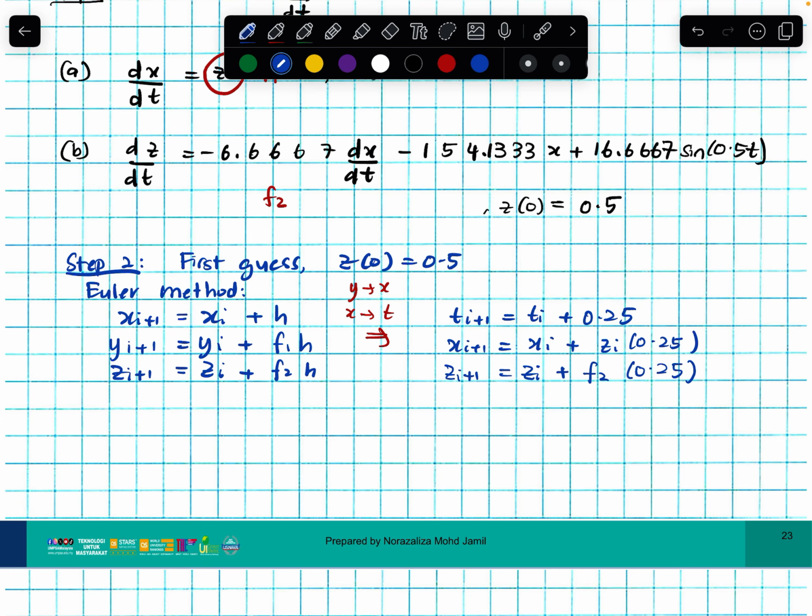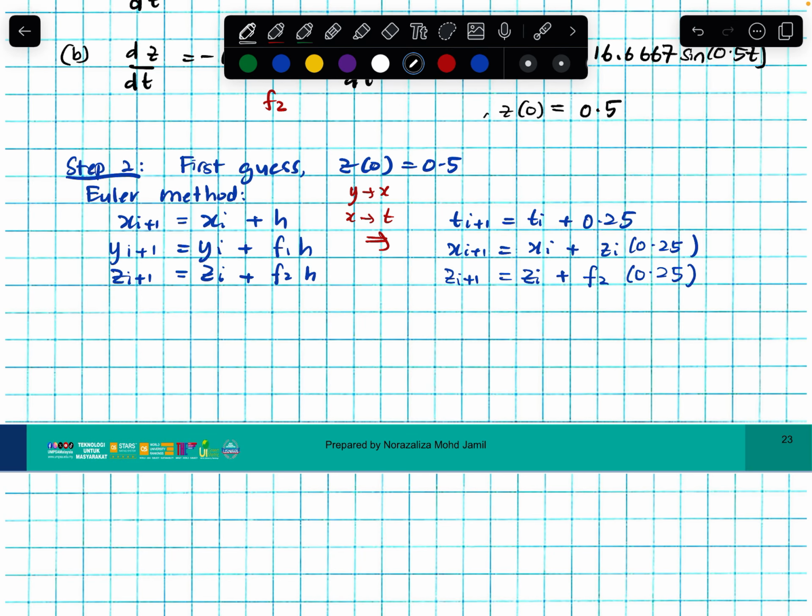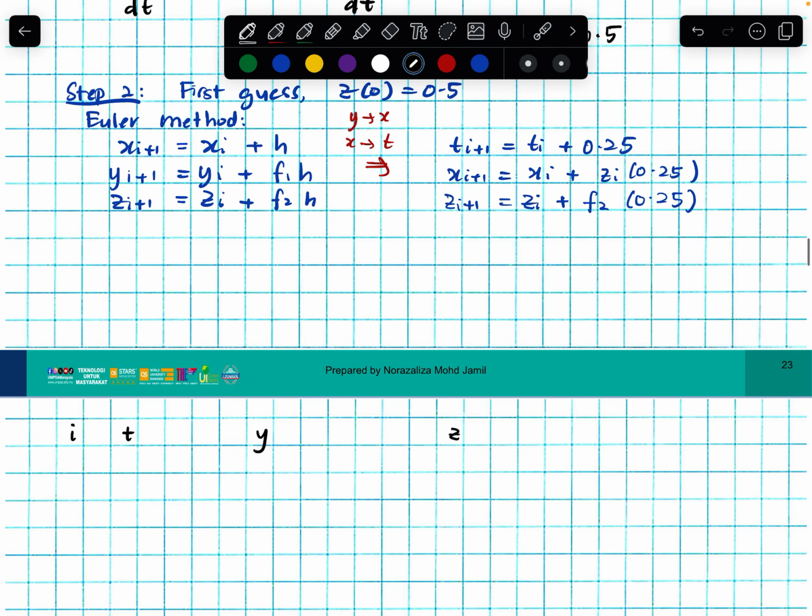So we want to construct the table. A table of iteration number, t, and we will have x and also z. Okay, so the first value of t is 0. Why do we get 0?